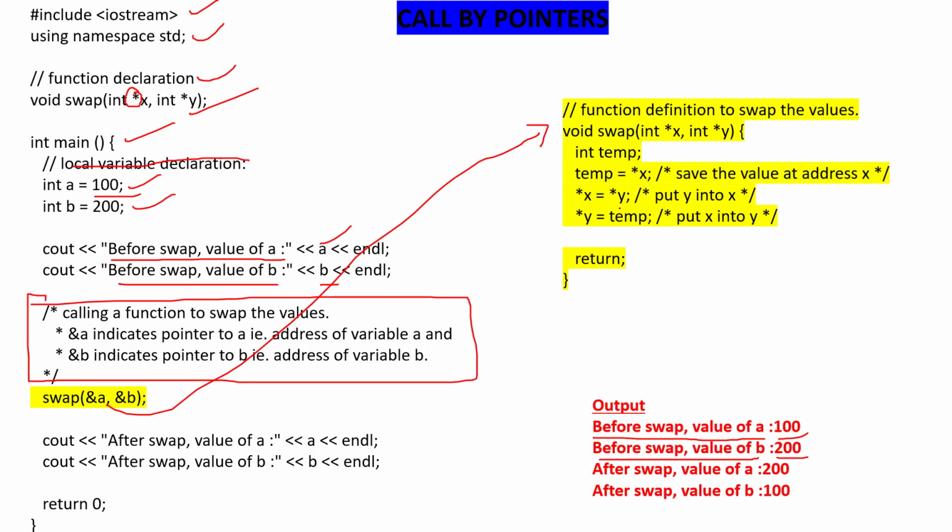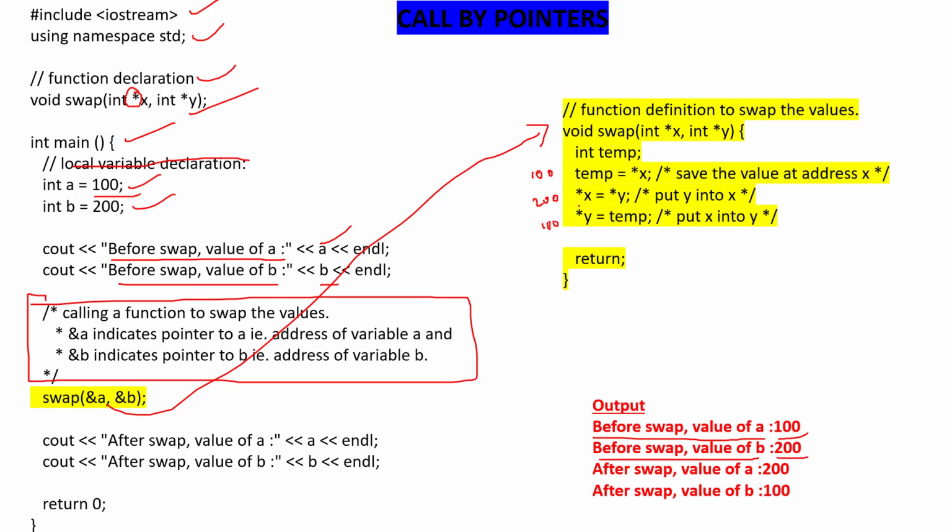Unlike the previous one with values, here temp equals *x. So x was having a value of 100, so the new value of temp will be 100. Then *x is equal to *y, so the new value at x will be the y value, 200. Then *y is equal to temp, the value is 100.